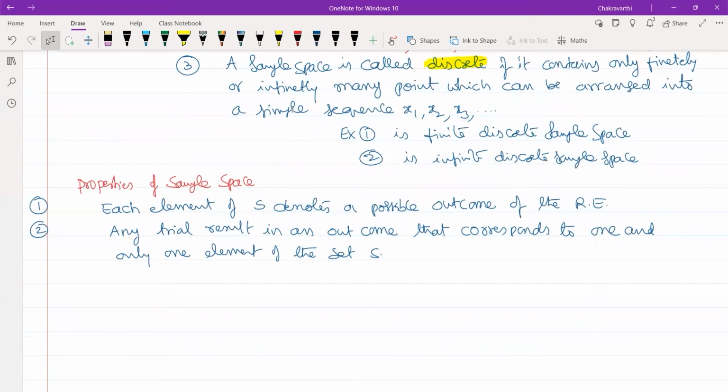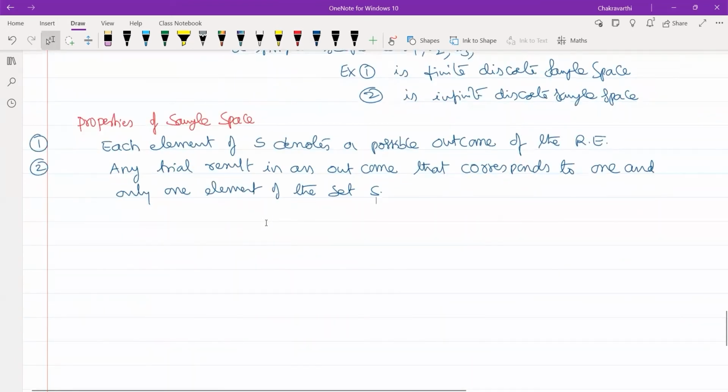Different types of notations and statements are also included here. For easy understanding and referring, these notes will be very useful to solve the problems. These are the two properties.